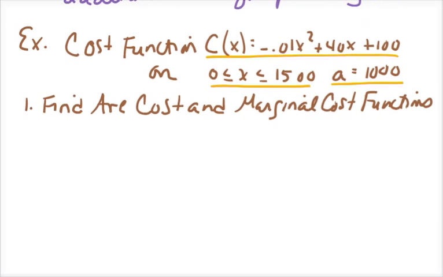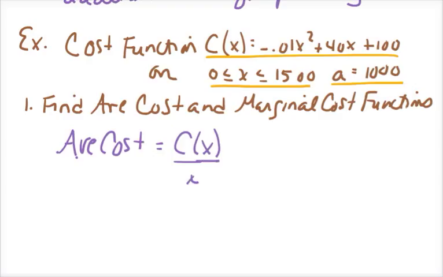So by our definitions, the average cost function is equal to the cost function divided by x. So take the definition of the cost function and literally divide each term through by x.